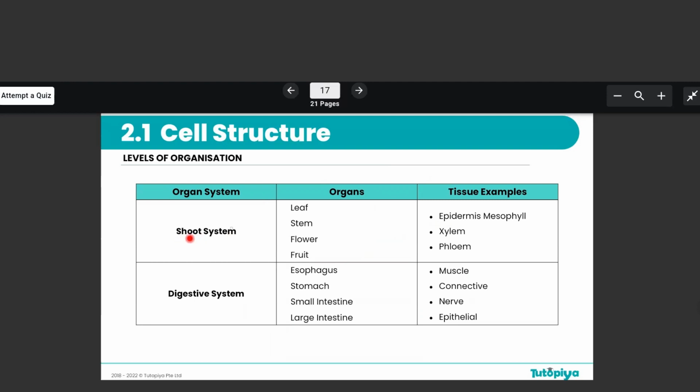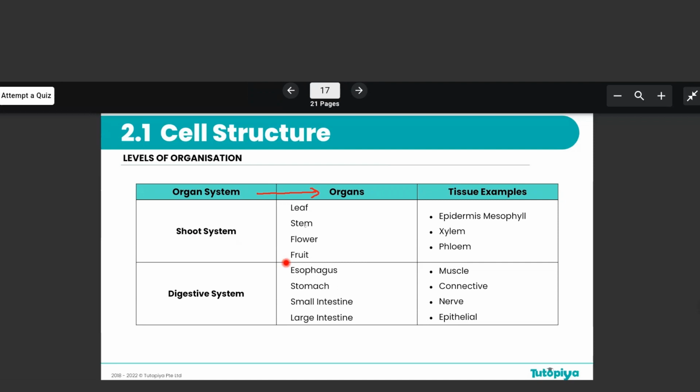Now we know that organ systems are made up of many organs with related functions, right? So when we consider the shoot system, this system is made up of different organs in the plant, such as the leaf, the stem, the flower, and the fruit.